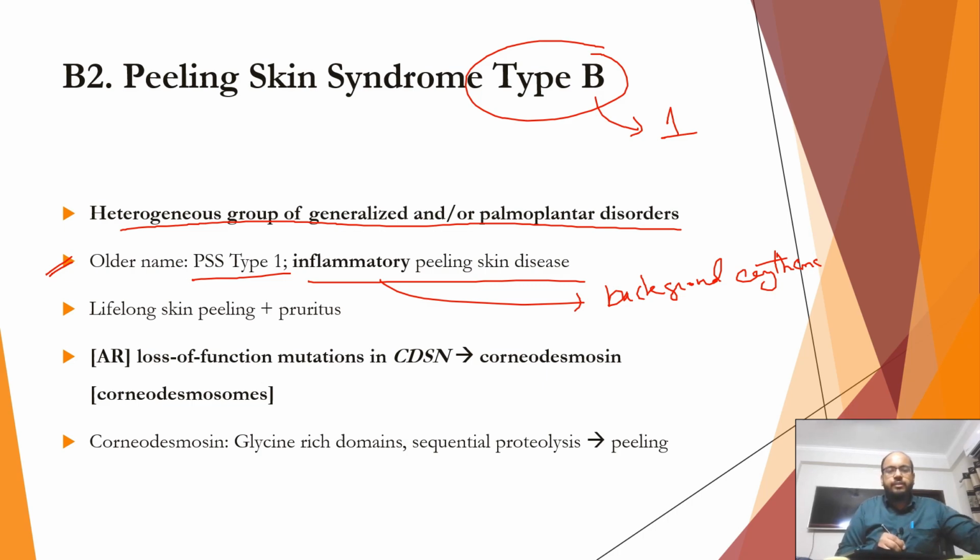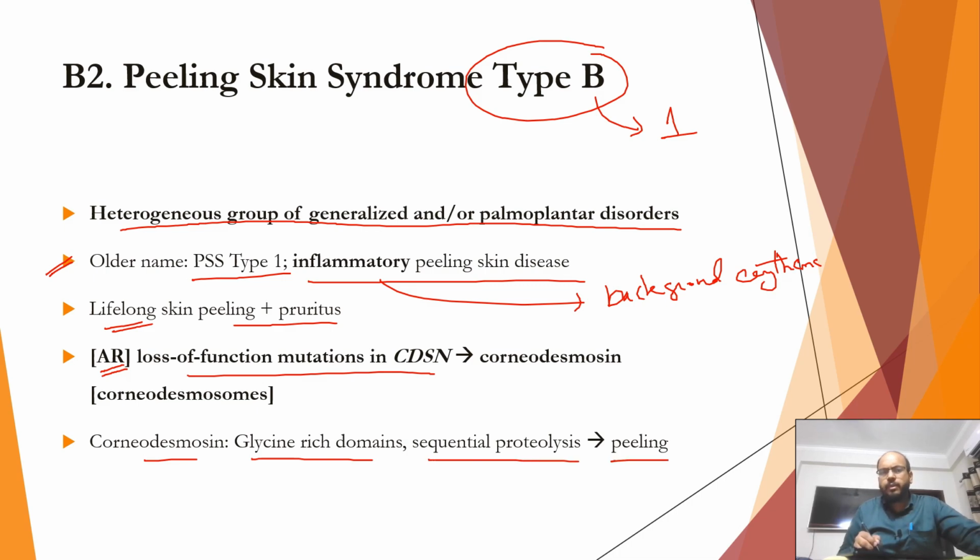Okay, so there's lifelong skin peeling and itching, pruritus. It is caused by autosomal recessive loss of function mutation in corneodesmosin gene. Remember corneodesmosin problem leading to ichthyosis. Now, corneodesmosin has glycine-rich domains, which undergo sequential proteolysis leading to peeling. So, what do we mean by that? We mean that corneodesmosin is attaching itself via glycine-rich domains.